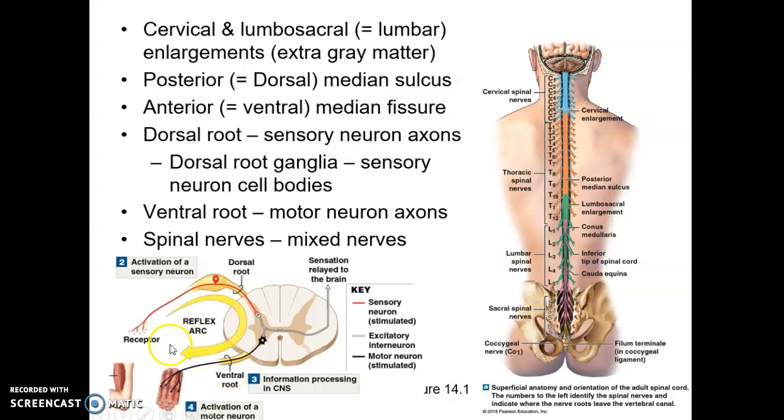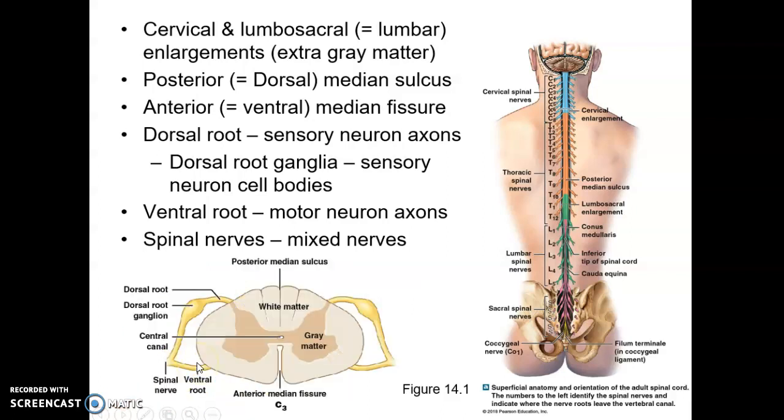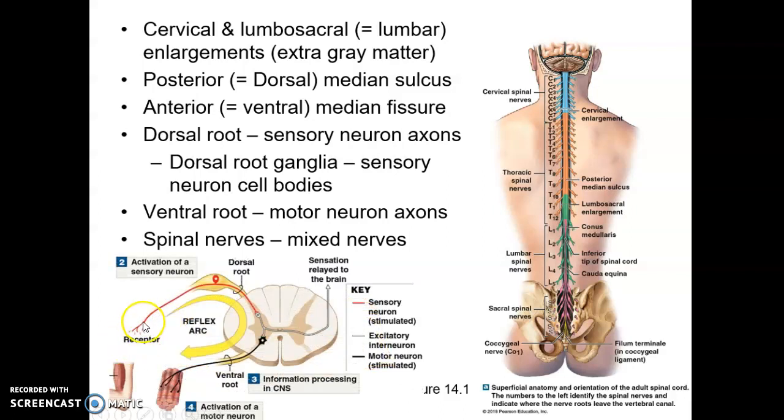And this diagram doesn't show it, but as we move away from the spinal cord laterally, dorsal and ventral roots do merge into the one spinal nerve. So again, mixed because the spinal nerves have both sensory and motor neurons.